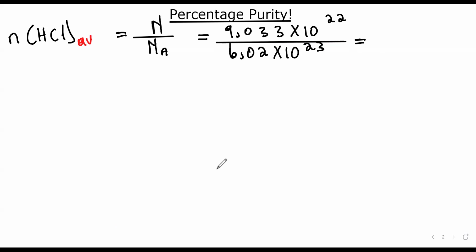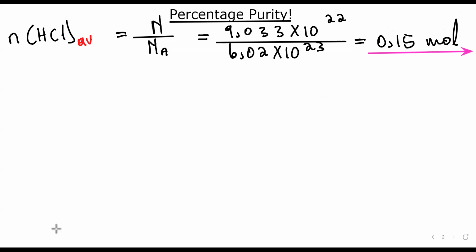So when we go to the calculator and say 9.033 times 10 to the 22 divided by 6.02 times 10 to the 23, well, we get 0.15, 0049, and so forth. Well, this one, it makes perfect sense for us to take it to 2 decimal places.